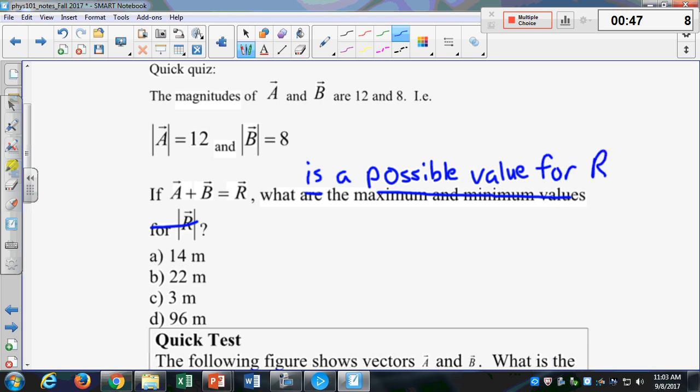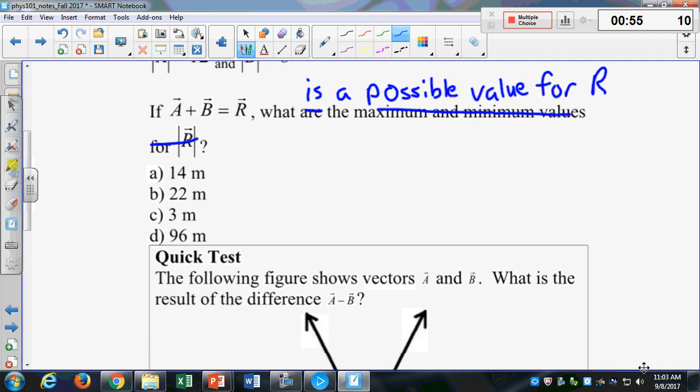No. I appreciate that. And you're sort of right. That is a possible value. But one of these is a possible value for R. Who said that? Akira, you were right in saying that the 2 vectors are perpendicular to one another. And so what she did is she used the Pythagorean theorem, right? Yeah.